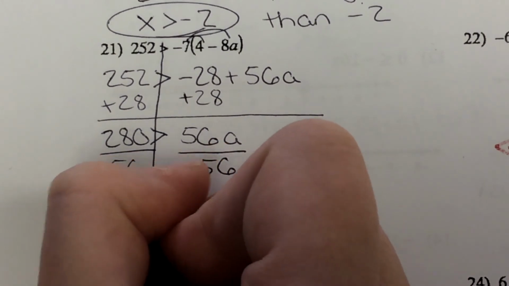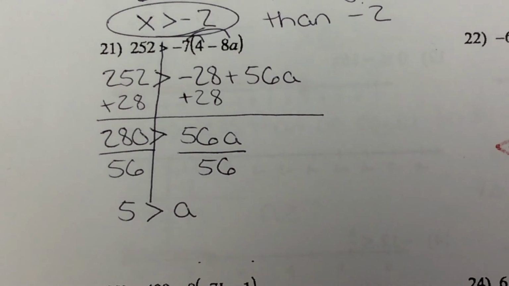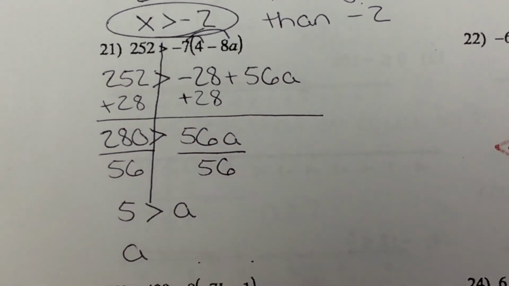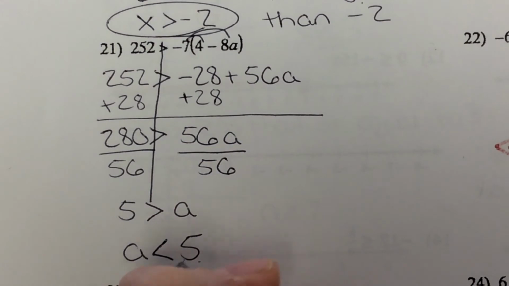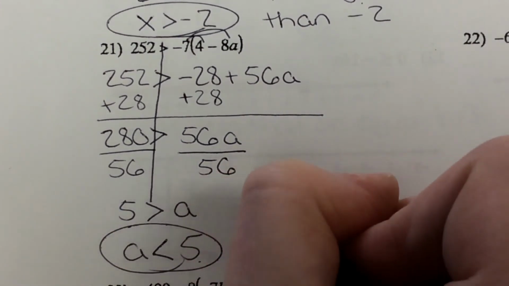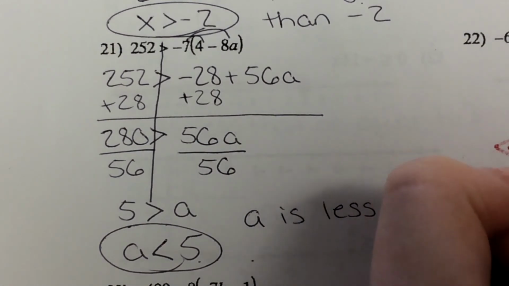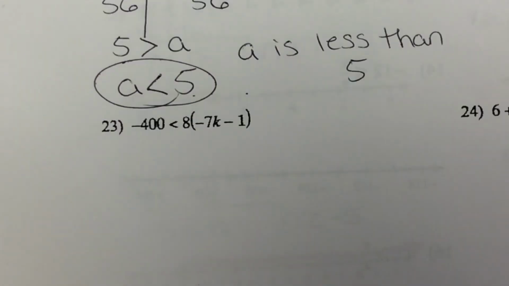And we get 5 is greater than a. Let's turn it around the way we want, the variable first. A, notice how your sign is pointed at A, open to 5. So pointed at A and open at 5. Okay, so this is read as A is less than 5. All right, finally, we're going to get a negative coefficient, so that we have to flip our sign.